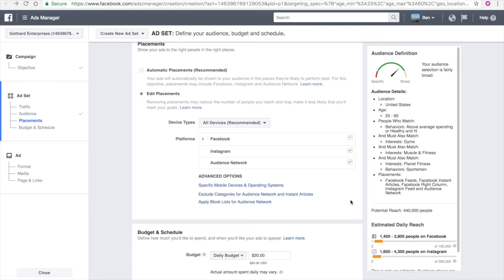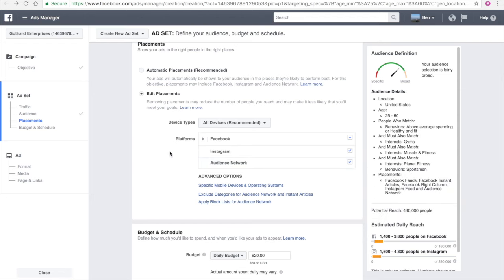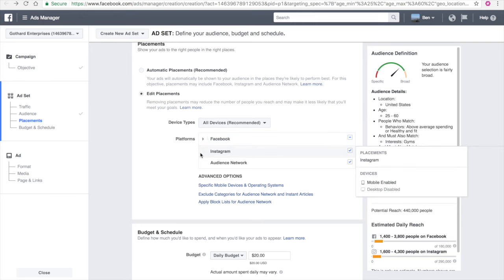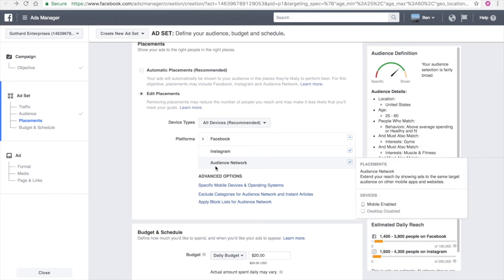Because if you have all 3 of them flowing through one ad, then you can't tell which one is giving you the best result. Audience Network typically will get you a lower cost per click, but if people are buying from Facebook, then you want to be advertising on Facebook. And if people are buying on Instagram, you want to be advertising on Instagram. The thing that matters at the end of the day is sales and revenue. So again, do a separate ad for each of these 3.